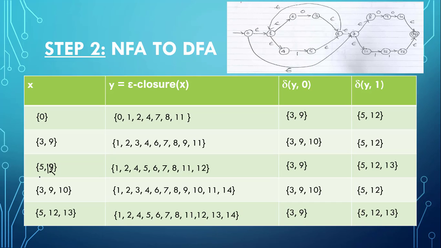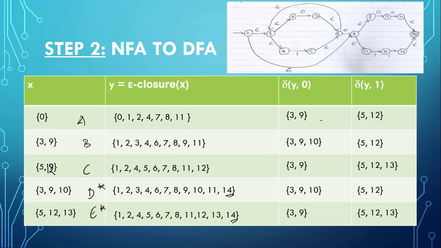Now we know that we have to rename our states as A, B, C, D and E, and wherever the final state appears in our epsilon closure, we mark it as a final state. So we have D and E as our final states.